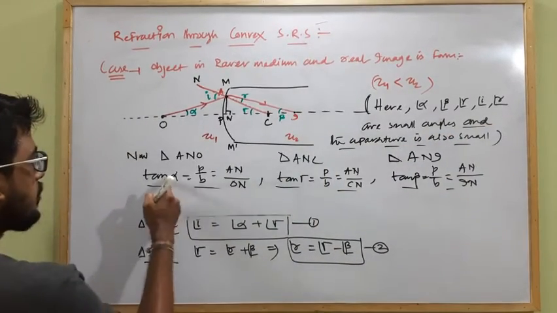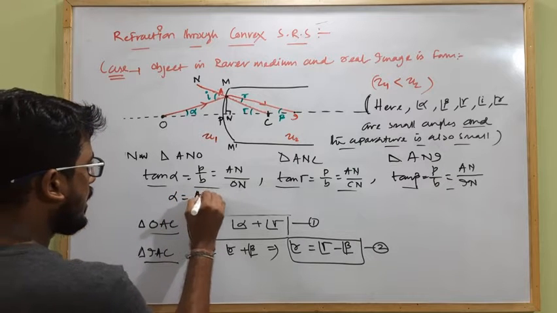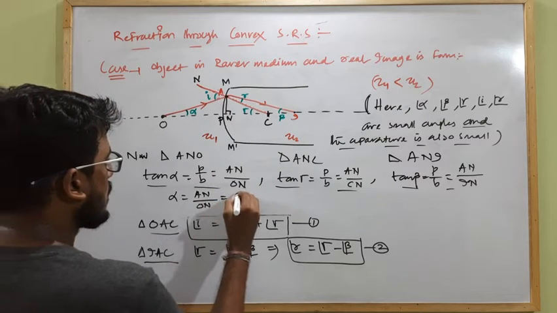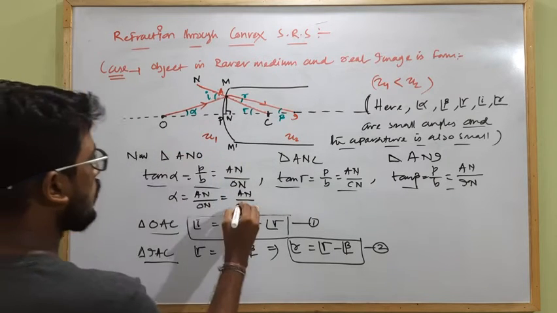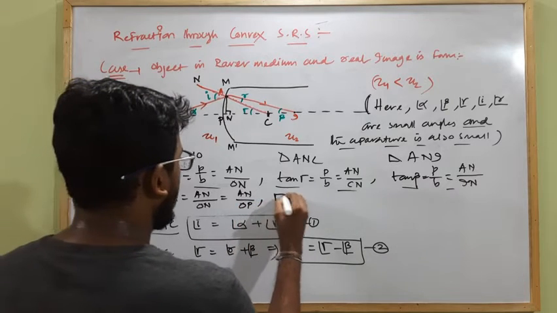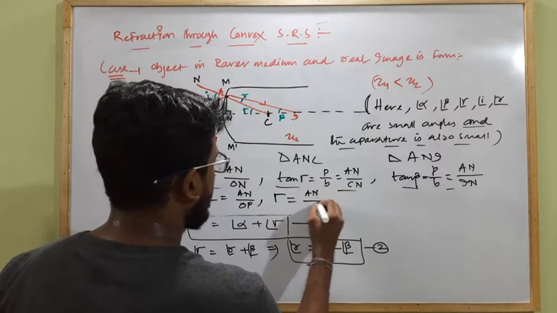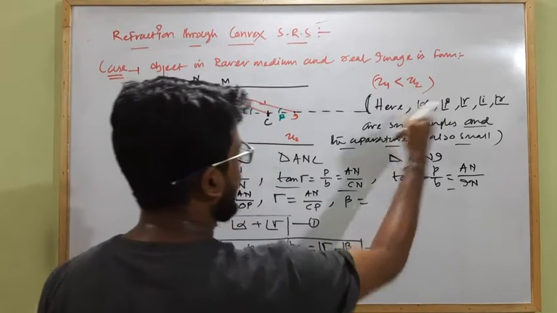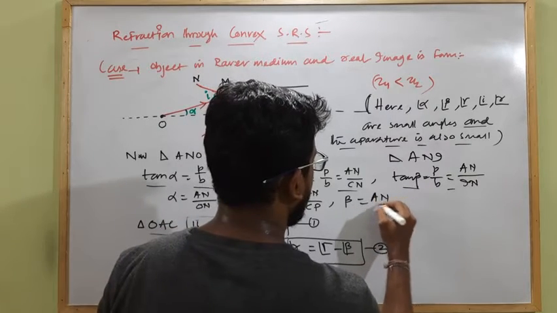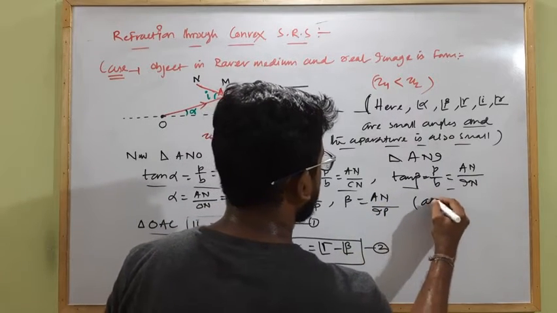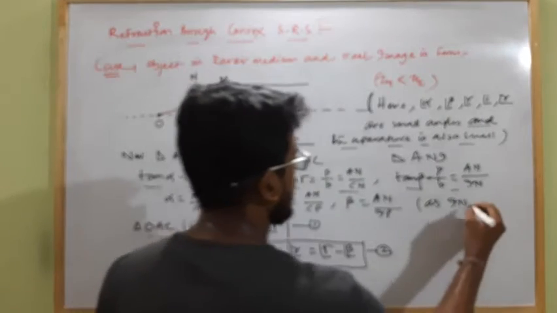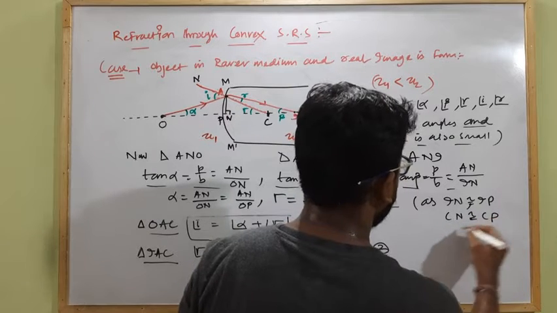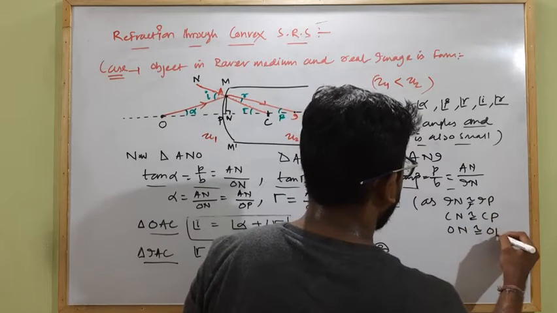So as angles are very small, tan alpha can be written as alpha equal to AN by ON, and as aperture is very small, ON can be written as OP. Similarly, gamma can be written as AN divided by CP, and similarly tan beta will be beta because angles are very small, AN divided by IN, can be written as IP, as IN is nearly equal to IP, CN is nearly equal to CP, and ON is nearly equal to OP.